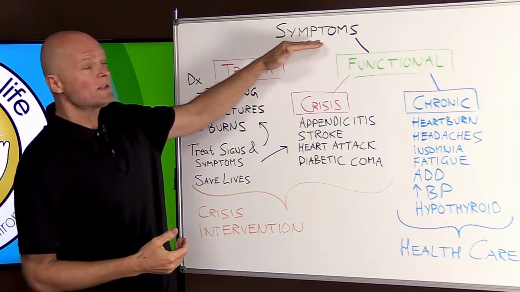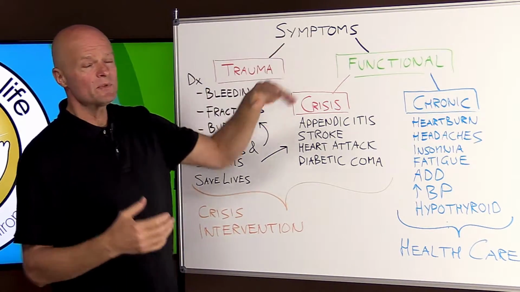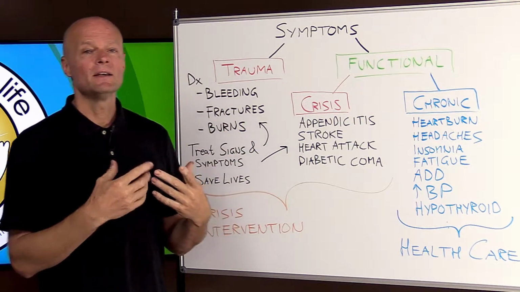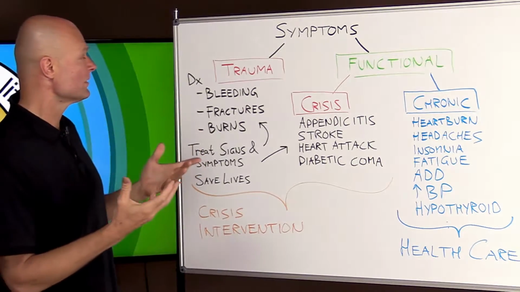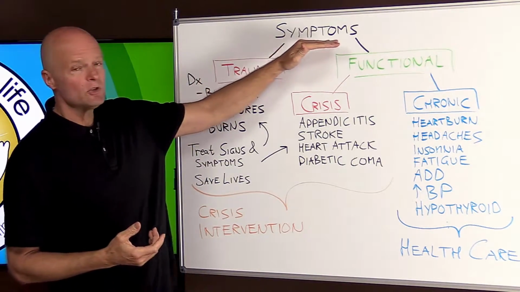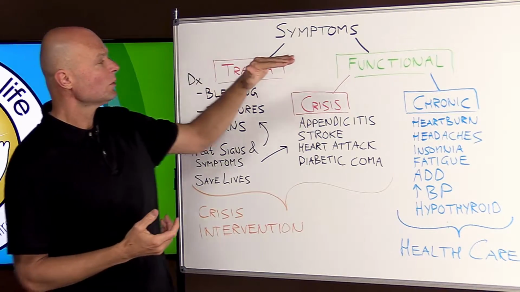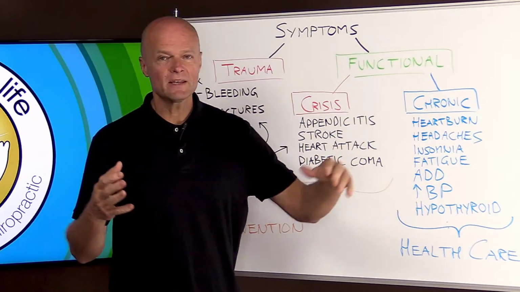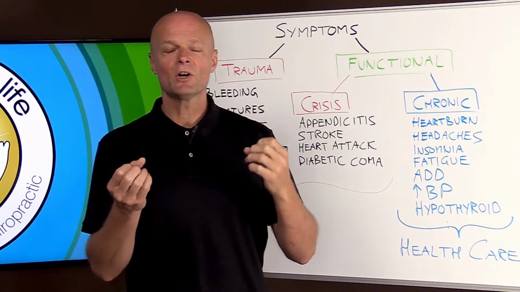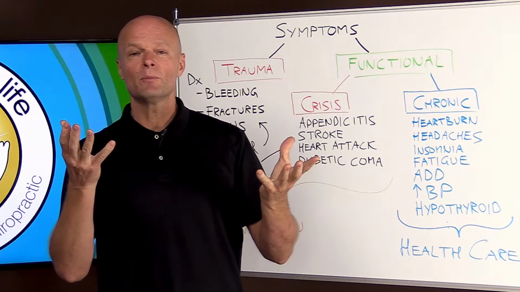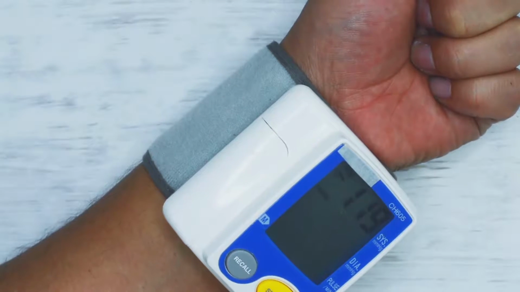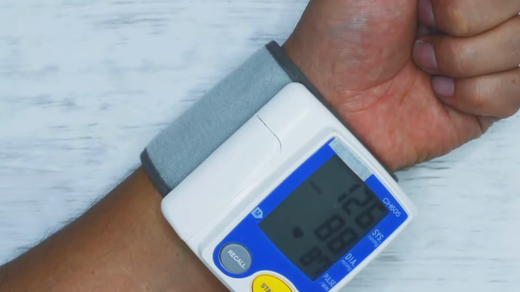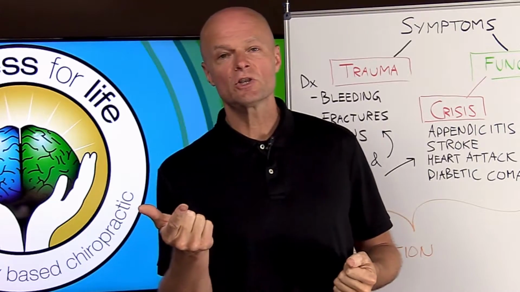But diagnoses are based on signs and symptoms. Symptoms are the things that you tell the doctor, and signs are the things that they find, such as high blood pressure and so forth. But symptoms can be due to either trauma or functional factors. Functional factors are things that your body regulates, that your body turns on and off, up and down, such as stomach acid, blood pressure, blood sugar, pH and hormone production.